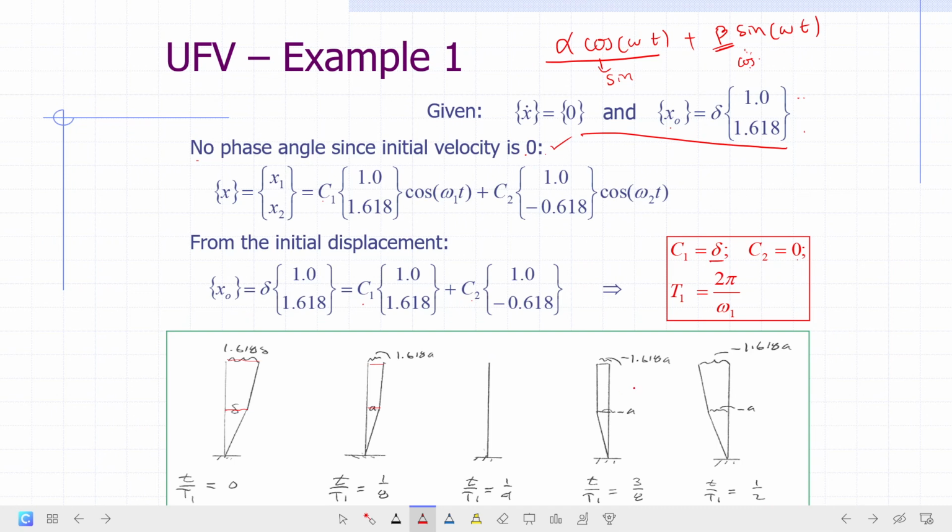And at a particular time, which means omega t equal to pi over 2, both H1 and H2 have zero magnitude like this.